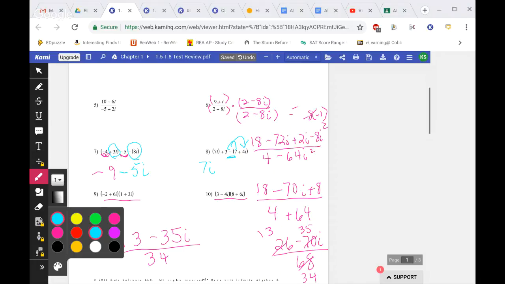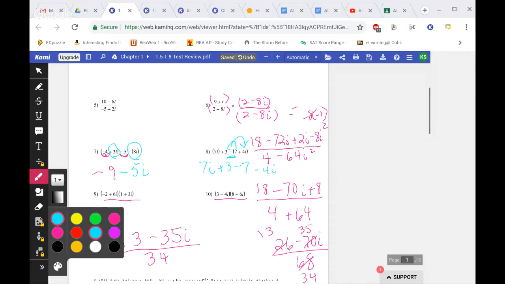Because on that one, you've got 7i plus 3. I would actually break this down and go ahead and take that negative and distribute it before I started combining my terms. Because that negative would make that 7 a negative, but it would also make that 4i a negative.